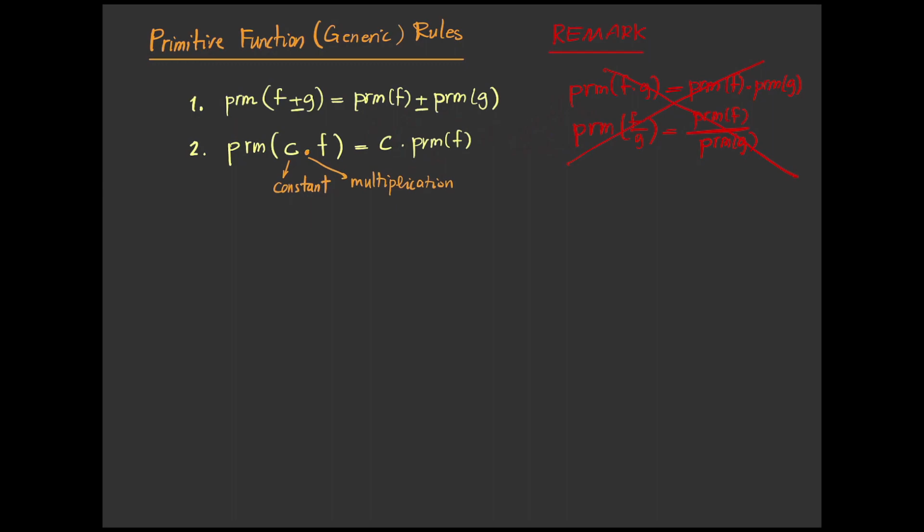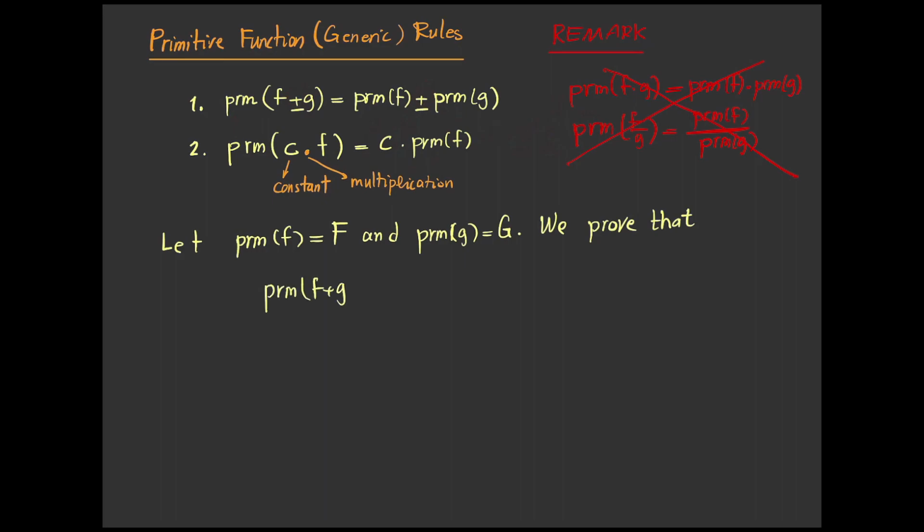By the way, let us prove one of them. For example, if I ask you why this formula with the positive sign is correct, I would prove it like this. Let the primitive function of f be named capital F, and let the primitive function of g be denoted by capital G. We prove that the primitive function of f plus g is equal to capital F plus capital G. Take your time.